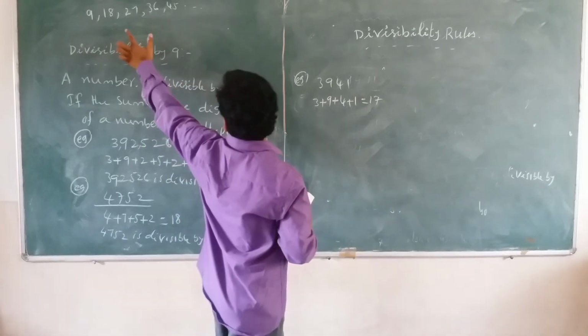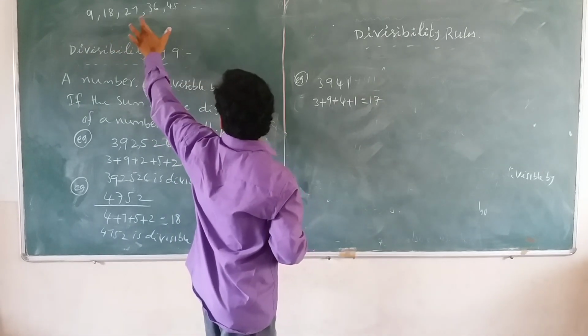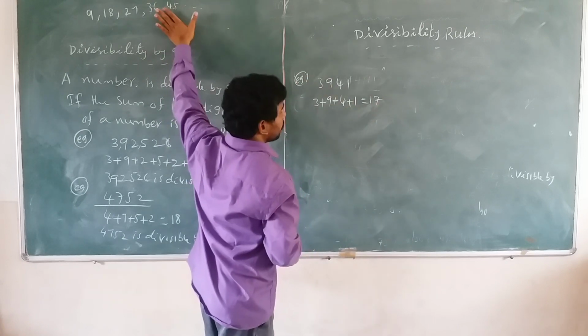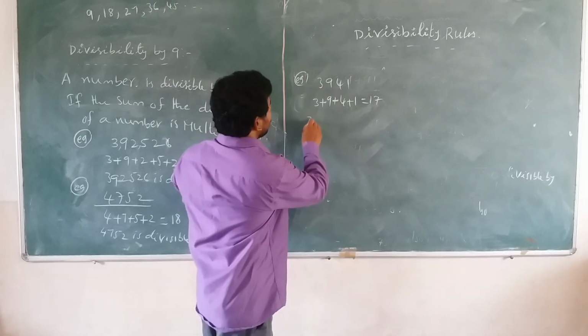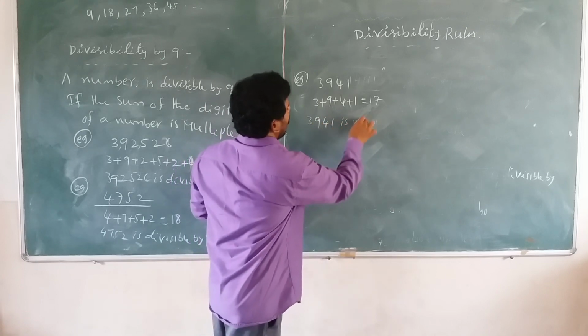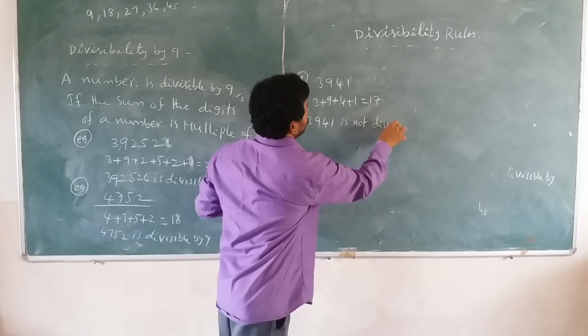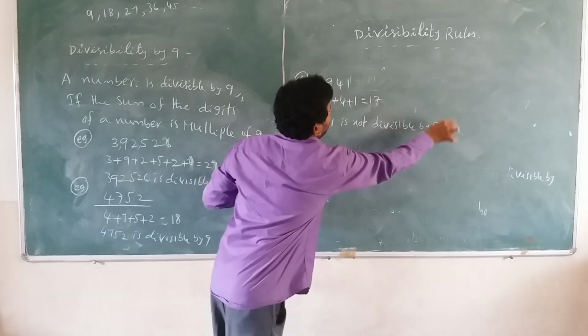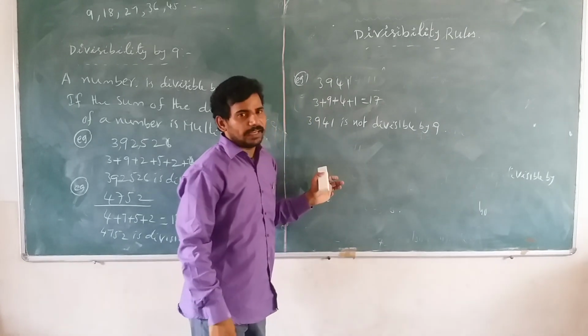Here, already there: 9, 18, 27, 36, 45. So 17 is not there in the multiples of 9. So 3941 is not divisible by 9.